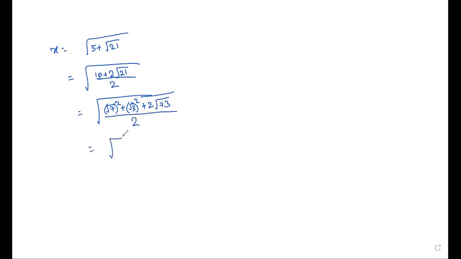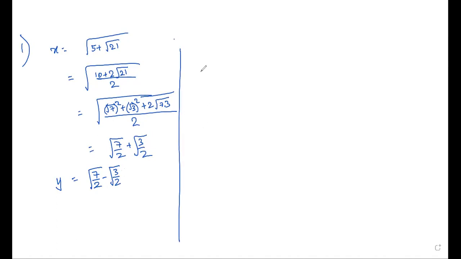Therefore, this will be equal to root 7 by 2 plus root 3 by 2. And similarly, y is given as root 7 by 2 minus root 3 by 2. From here, we can tell x minus y is equal to 2 times root 7 by 2, and x minus y whole square will be equal to 14. That's the first question. Right.